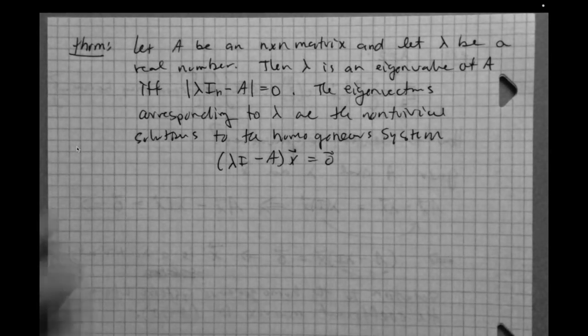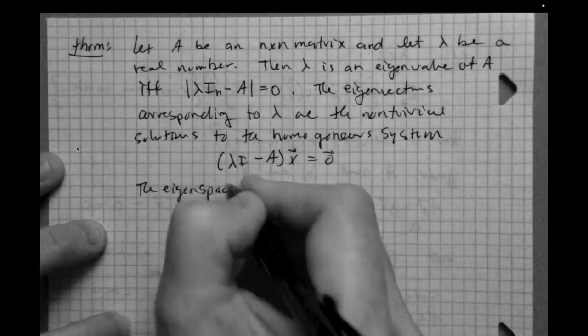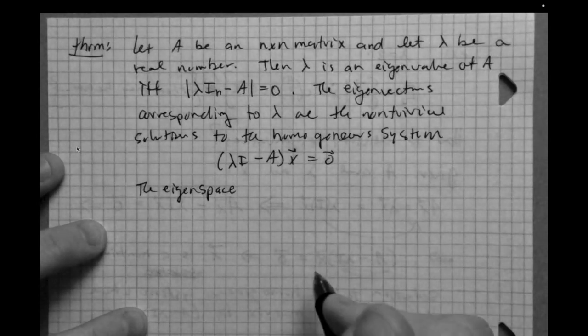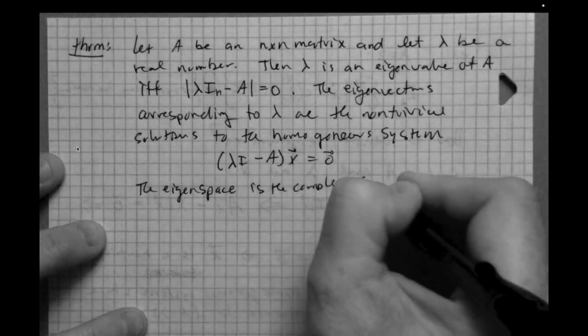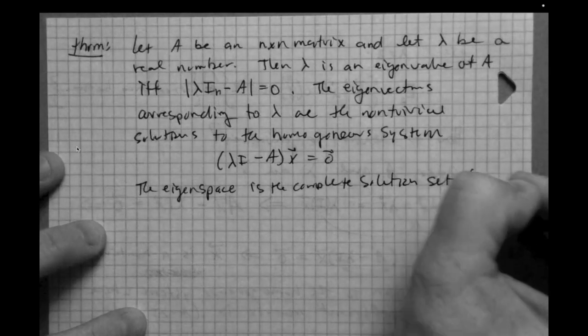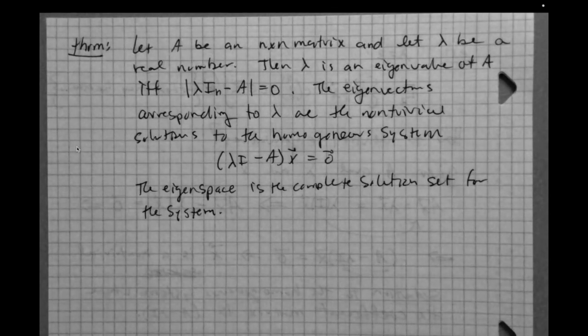And then technically we would say that the eigenspace is the complete solution set for the system. And that makes sense, right? This whole mechanism basically falls back on the theory that we laid out of homogeneous systems. Finding your eigenvalues and your eigenvectors is just a matter of solving a very particular homogeneous system.